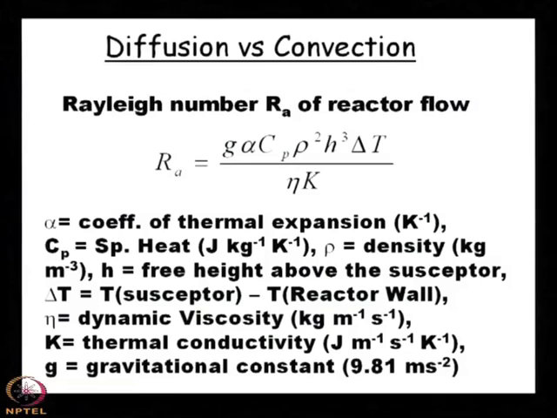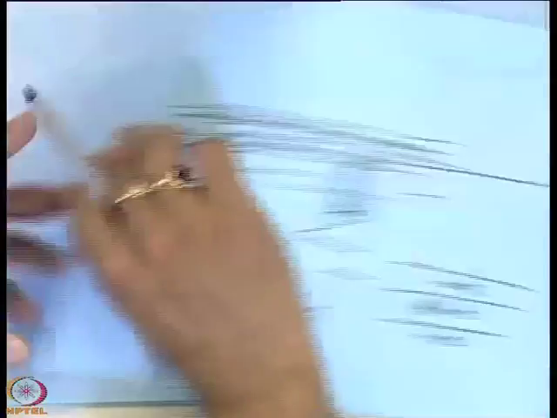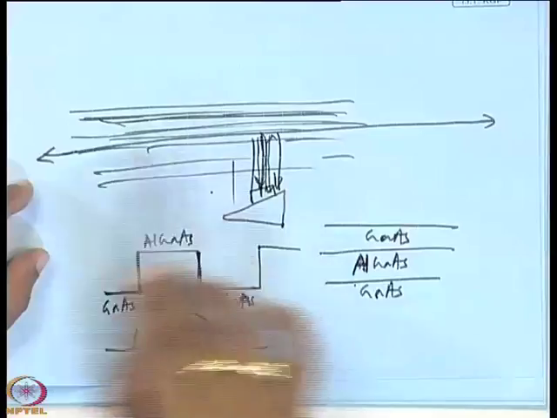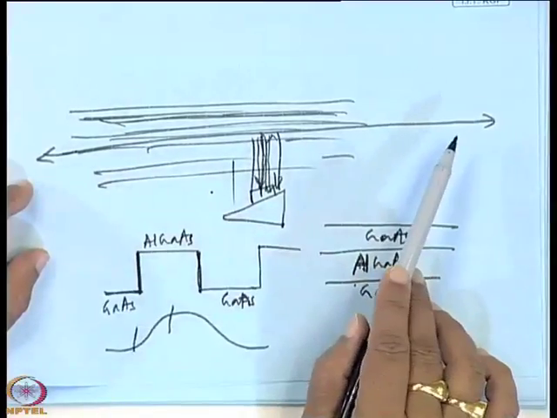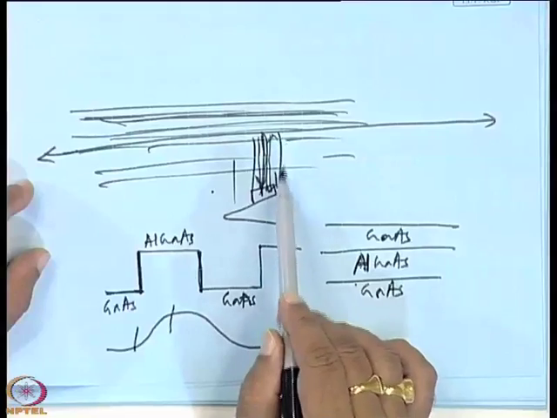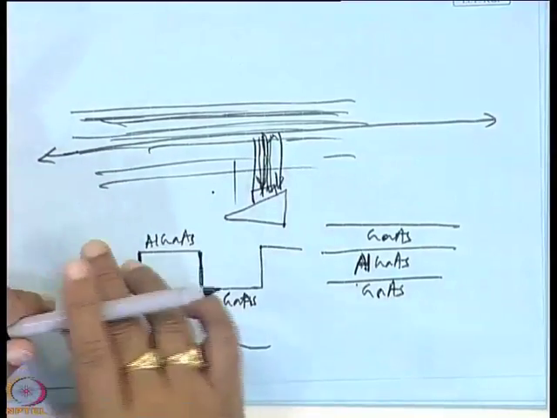Okay, it is clear. Another important aspect is the diffusion and convection, because if you see this view graph, this is the average gas flow inside the reactor and it must diffuse. Why will there be a question of convection?